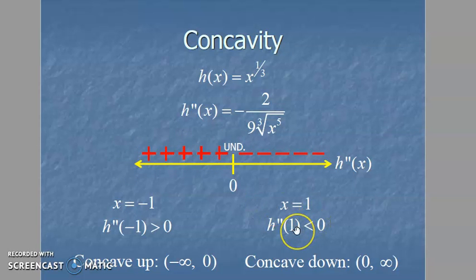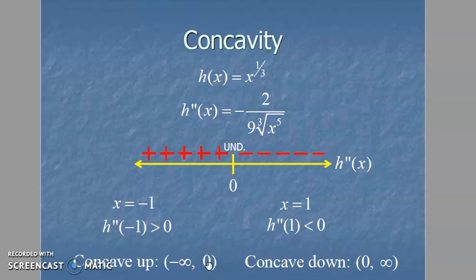So trying 1 and minus 1 here, you will get negative and positive. So we can conclude that the graph is concave up in the interval minus infinity to 0 and concave down in the interval 0 to infinity. So the concavity is changing at the point 0.